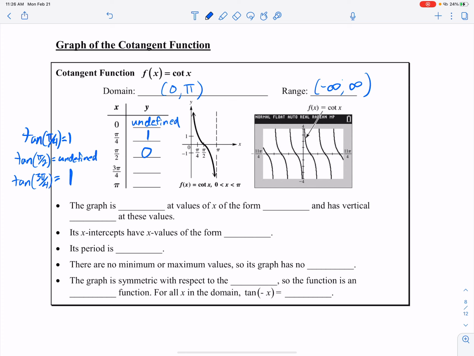I know it's a 1 because it's a 4, right? Over 4. And then I get this relationship, okay? 3 pi over 4 is in the second quadrant, which means tangent is negative. Which also means the cotangent, negative 1 flipped over, is negative 1. And then pi is undefined.